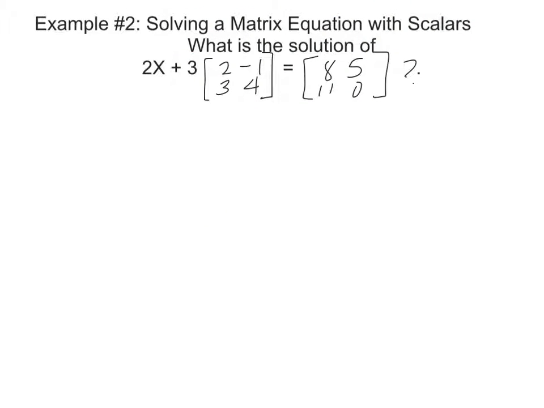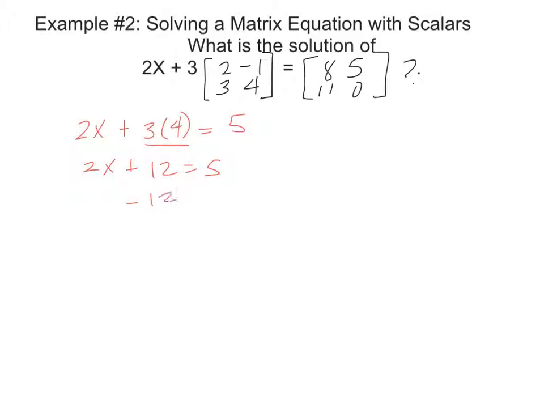In example 2, now we're asked to solve using matrix multiplication. So essentially what we're looking at is an equation, for example, that's like 2x plus 3 times whatever number, let's say 4, equals some number, and let's say 5, right? So in this case, order of operations would tell us to multiply first.